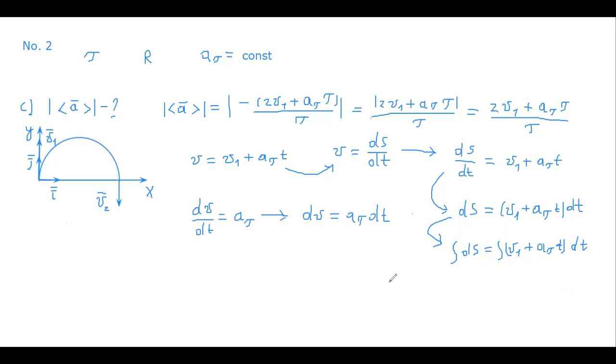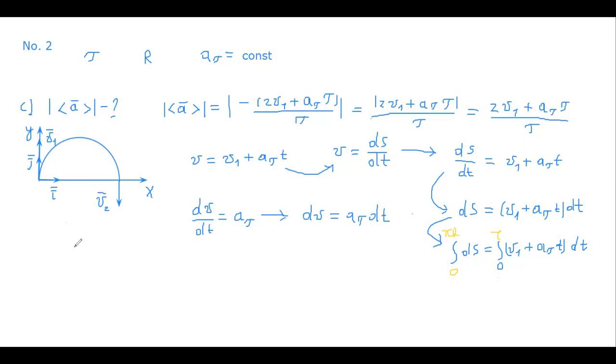Oh, yes, that was good, because the initial path was equal to 0. And what about the final path? Initial time was also 0. Yes, I agree. This is for the final path. Final path was PR, and it is tau. Okay, that's great. And we can calculate these integrals.